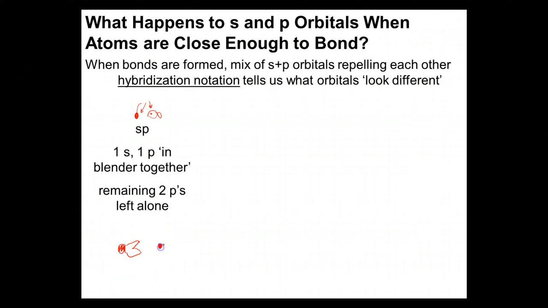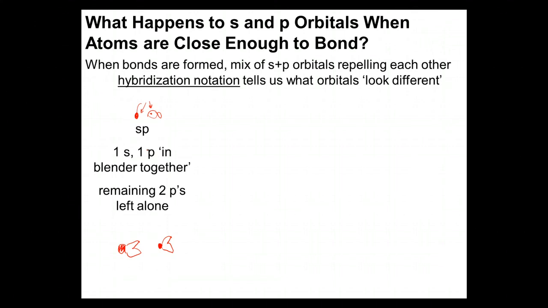And we're going to have two of those. And we're going to have the other two, we'll say cherries, left over. We'll assume that the p orbitals were cherries. In other words, the new orbitals with s flavor and p flavor are now going to have a 50-50 mix of s orbital characteristics and p orbital characteristics.